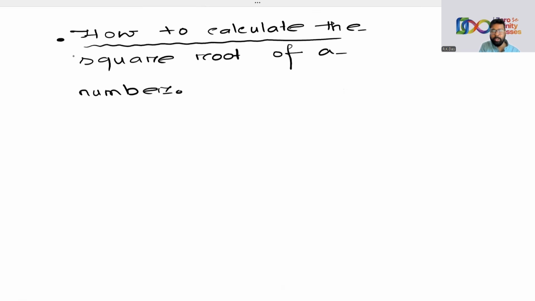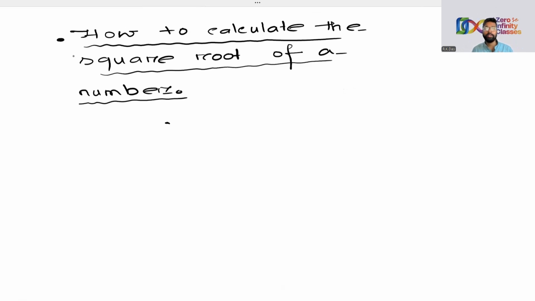Very simple topic. In this topic, we are going to learn how we are going to calculate the square root of any number. So how to calculate the square root of a number?